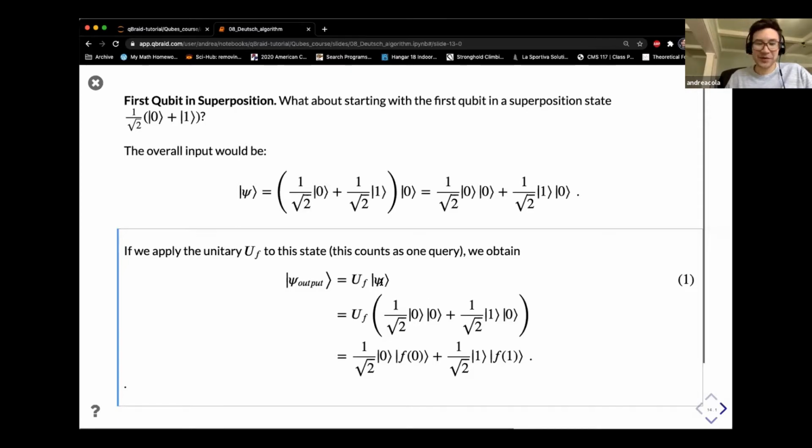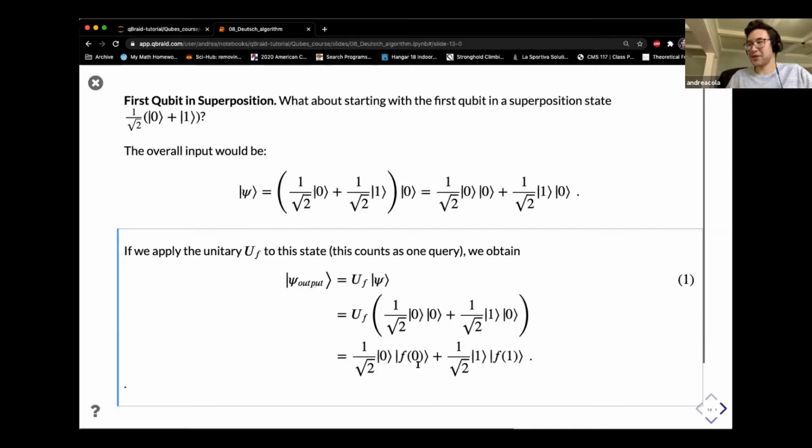Is everybody happy with what we got at the end here in the last line? What if U_f was acting on the y qubit? It is acting on the y qubit, but remember the way it acts. It maps xy to x, and then y XOR f(x). So if y is 0, like if the second qubit is 0, which is the case here, because we left the second qubit as 0 from the start, then there's no XOR.